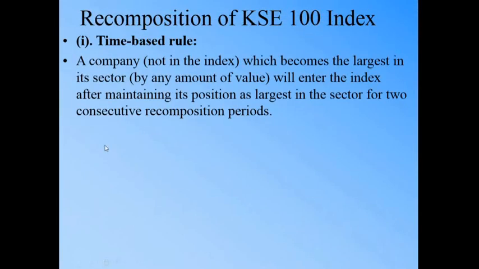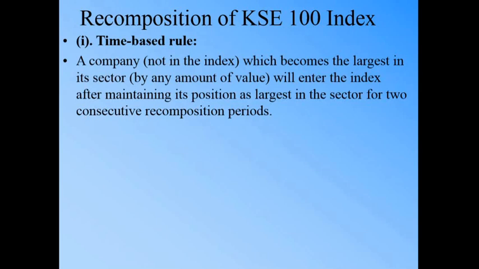Time based rule, what does it mean? A company not in the index previously, remember that it was not the largest company of its sector previously, which becomes the largest in its own sector by any amount of value. Remember that the previous company which has been included has a market capitalization of, let's say, 10 million, and the other company was having like 9.95 million.